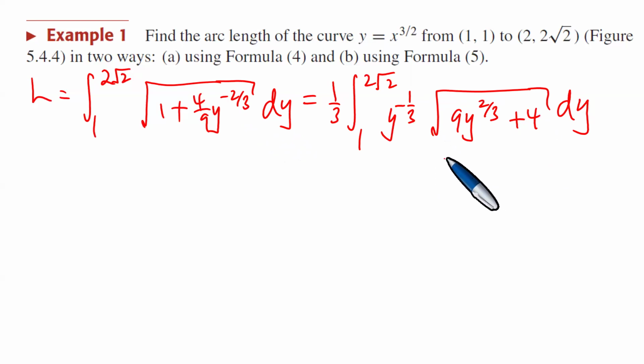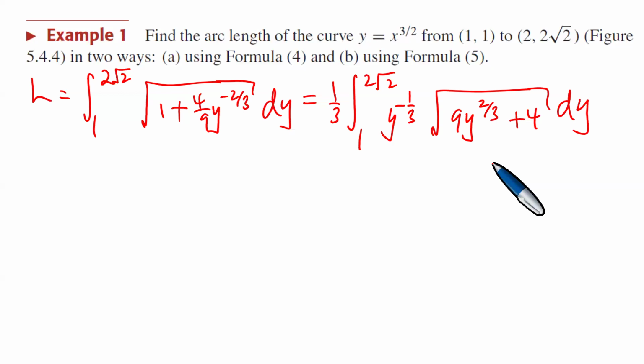We can write this because if you take the square root of this when you take it out, the y to the power minus 2/3, check the square root. The square root cancels these 2, giving us minus 1/3. You get to this. And then now we need to evaluate this integral here.